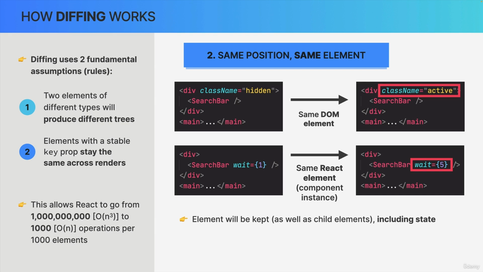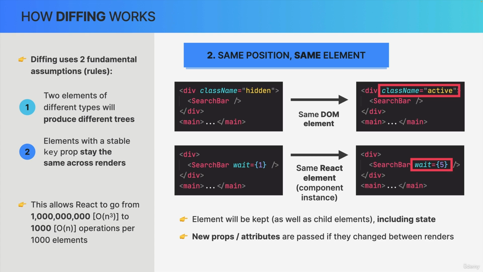Now, looking at these examples, we actually see that something has changed. However, it was not the element type that has changed, but simply the class name attribute in the div and the weight prop in the search bar component. And so what React is going to do is to simply mutate the DOM element attributes, and in the case of React elements, it will pass in the new props. But that's it.